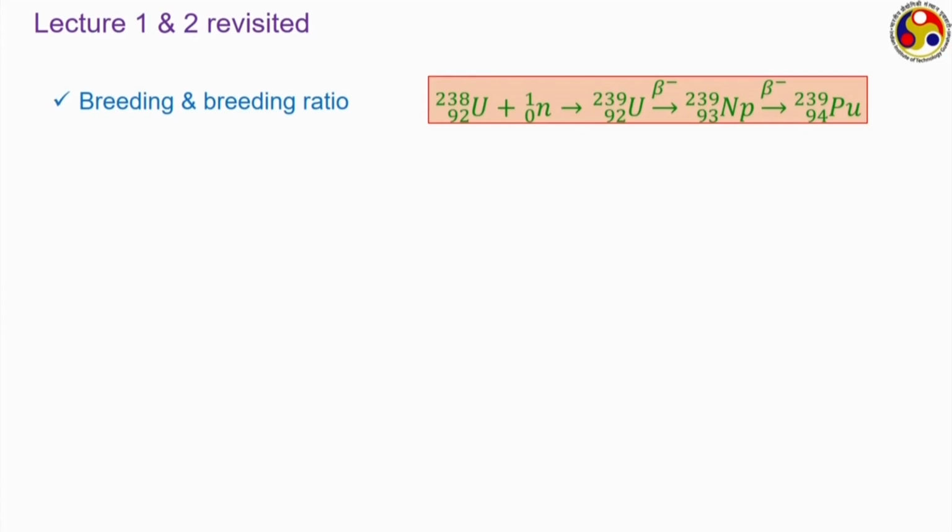Such a direct single step breeding reaction is also possible. But generally the 2 most common breeding reactions that you will find in industries are the one shown here, uranium 238 absorbing a neutron to produce plutonium 239, and the other one, of increasing popularity, where thorium 232 absorbs a neutron to produce uranium 233.